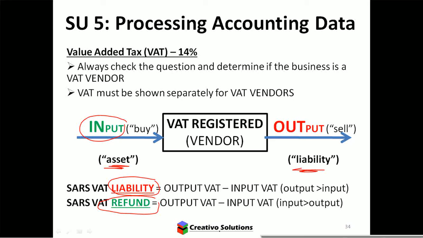They wouldn't specify the standard rated, because standard rated would be anything that isn't on those other two lists. If an item is on the zero rated list, it's 0% VAT. If something is on the exempt list, then you won't have any VAT at all. So it all depends, but fruit and vegetables generally don't have VAT. I can't think of an item of fruit or vegetables that would have VAT.